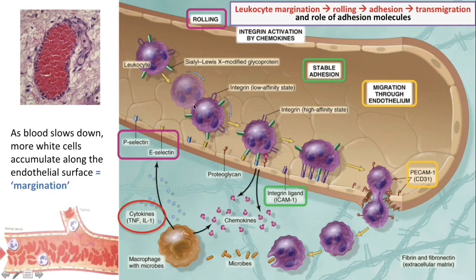And this happens first of all by activation by chemokines, so the integrins as well as the selectins are activated. So this is where the leukocytes bind to, and eventually the stable adhesion is formed by binding of the leukocytes to these integrin ligands. And eventually, once they have formed the stable adhesion, they will migrate through the endothelium, as you can see here.